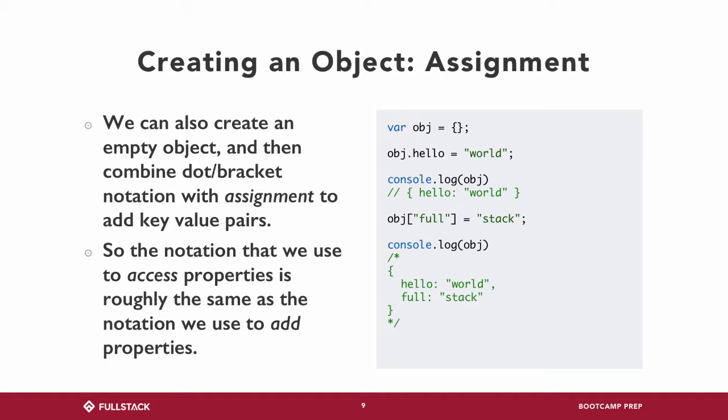Creating an object with assignment: you can create an empty object, and as you get the user's qualities or the pond's qualities, you can add them. You can do dot notation. You can do bracket notation. Both work great.